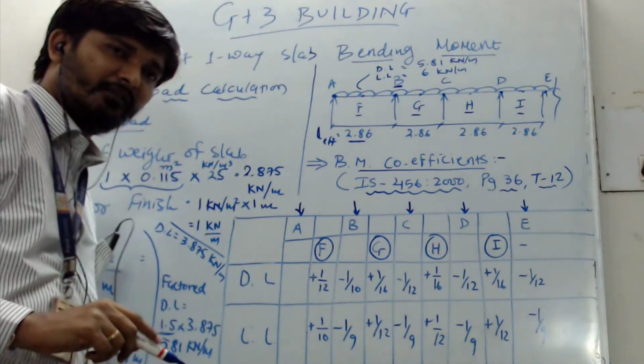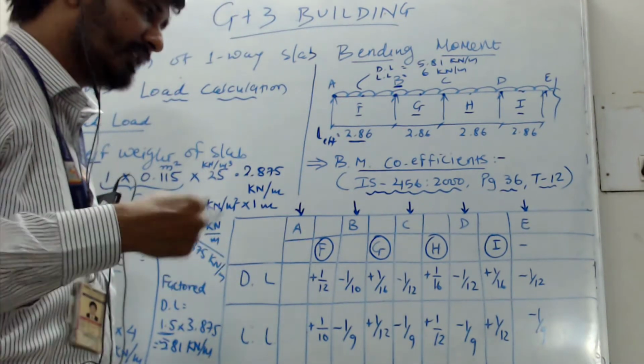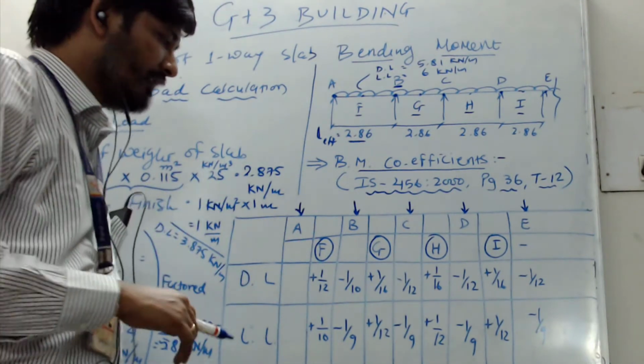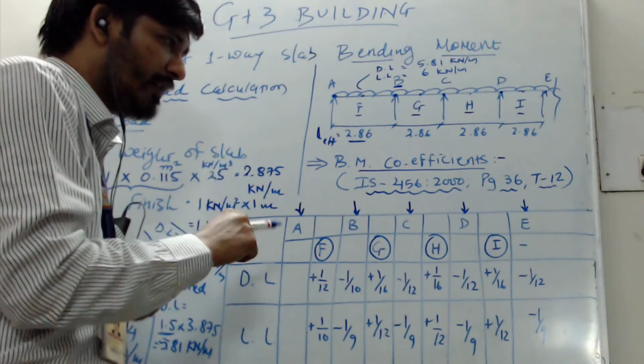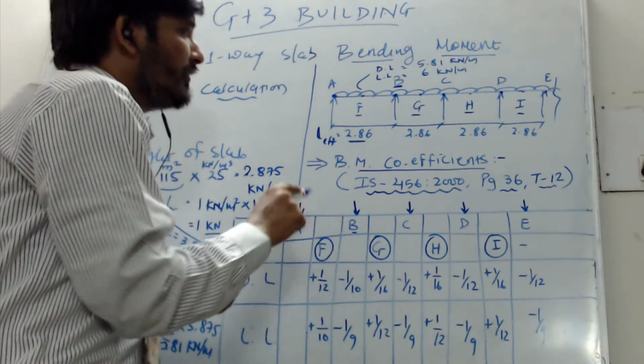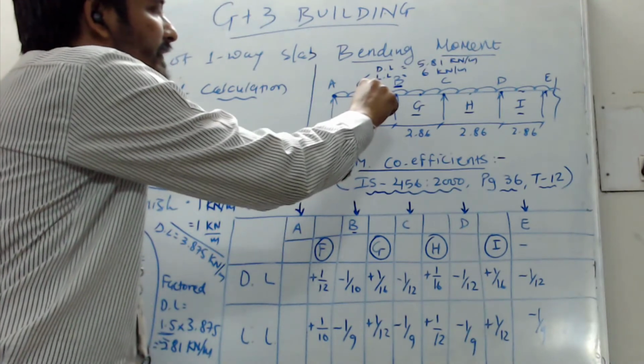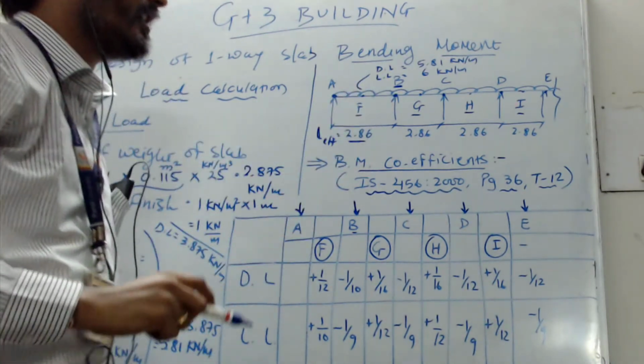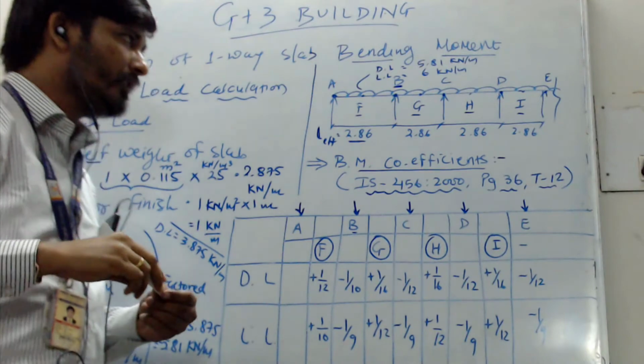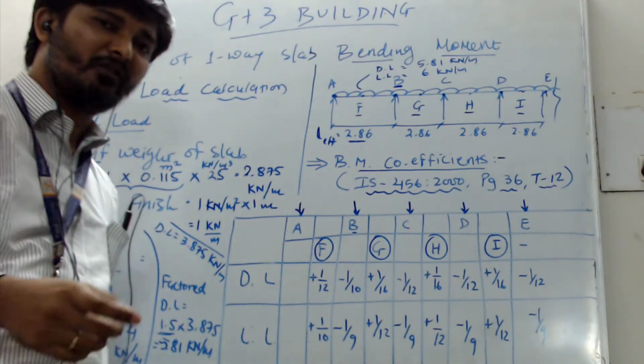So first we are going to find the moment at point B. Let us see where point B is and compare it with the naming given in the IS code.